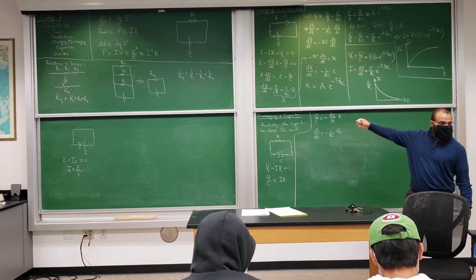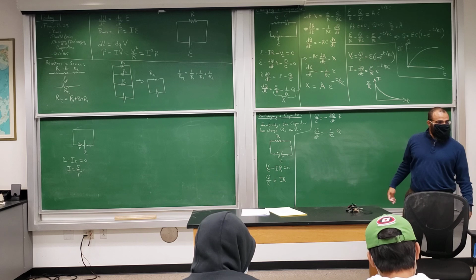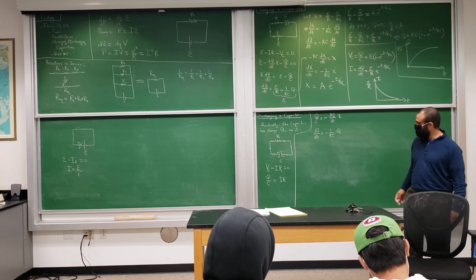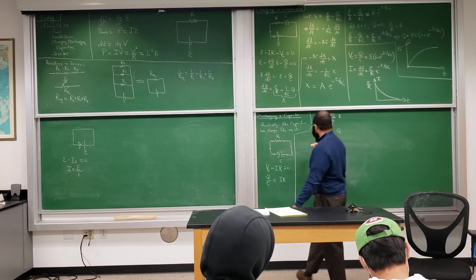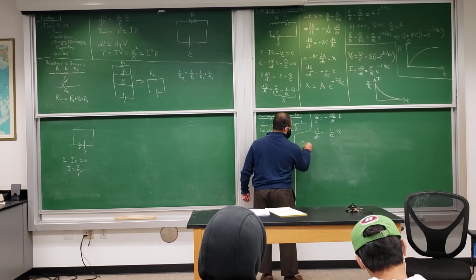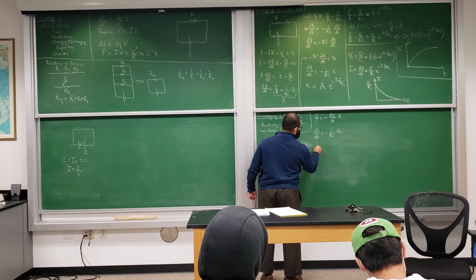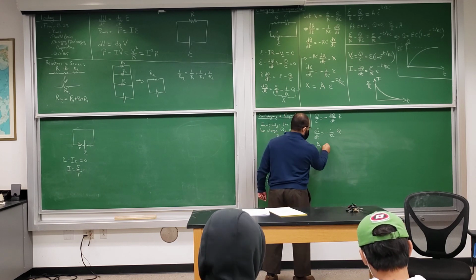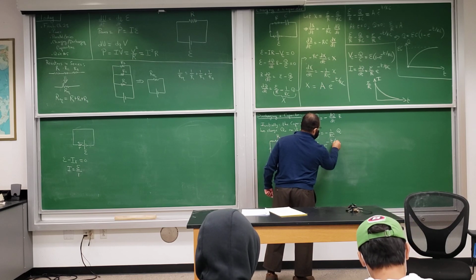So the derivative of something equals itself times a constant. So the function has to be what? E to the something, yes. So Q of t, Q is a function of time, therefore, would be some constant A, which I need to figure out in a moment, times e to the minus t over RC.